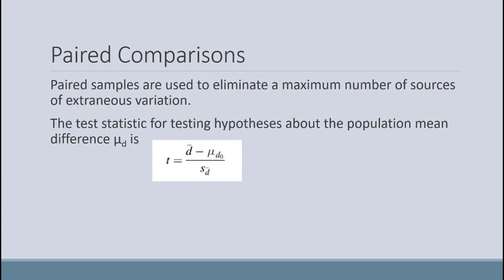S d bar is calculated as S d divided by the square root of n, where n is the number of sample differences, and S d is the standard deviation of the sample differences. Notice that the test statistic has n-1 degrees of freedom.